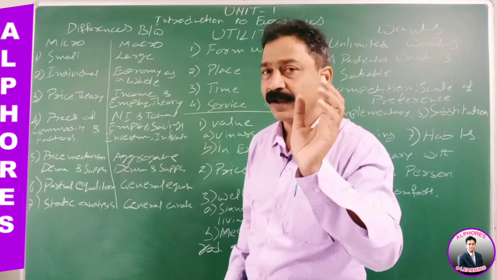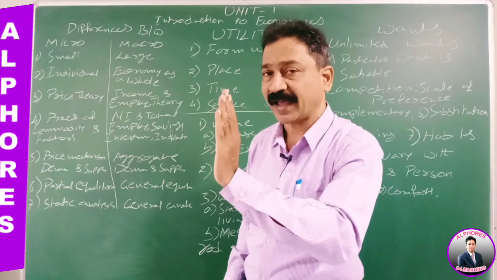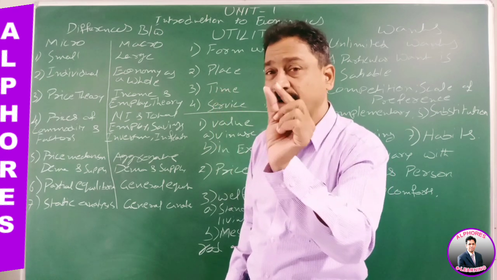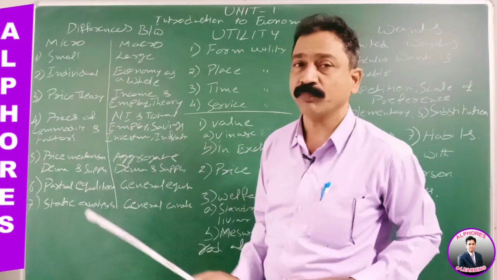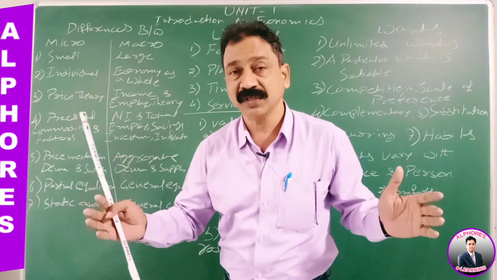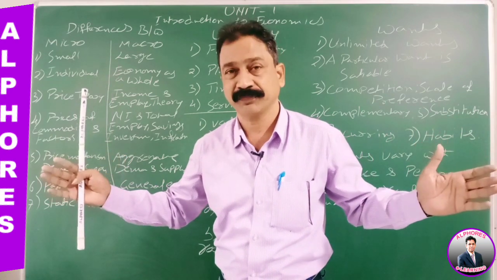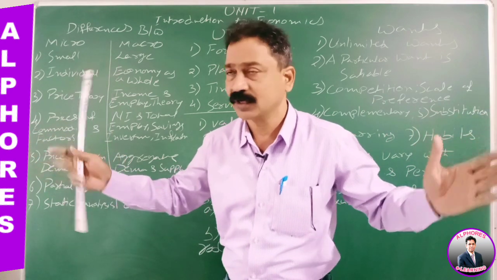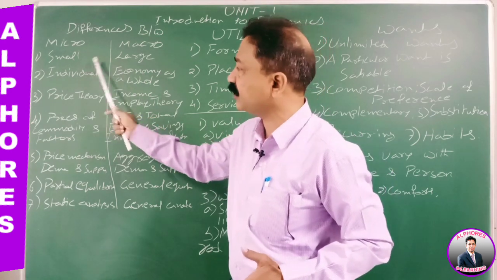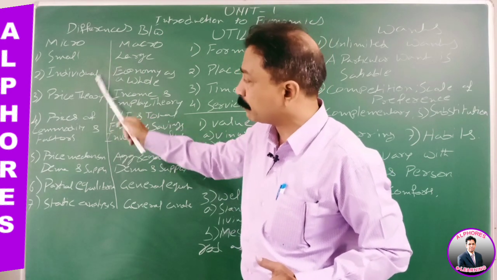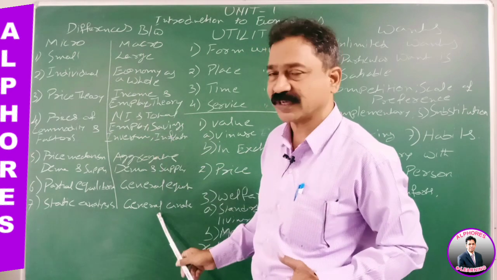You take anything and divide it into 10 lakhs, that is 1 million, and that one part is micro, small. Whereas macro discusses all totals and aggregates, large quantities. This is the first difference. If you remember one side, you can remember the second side easily.